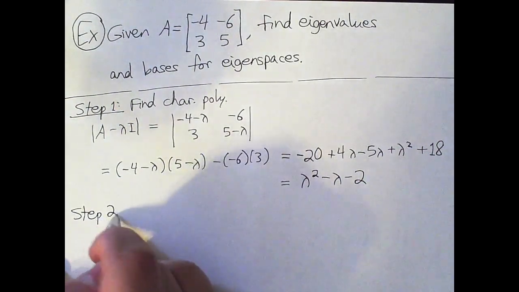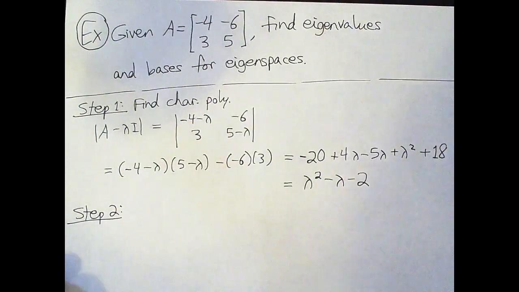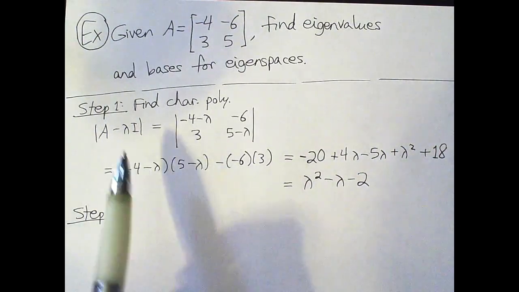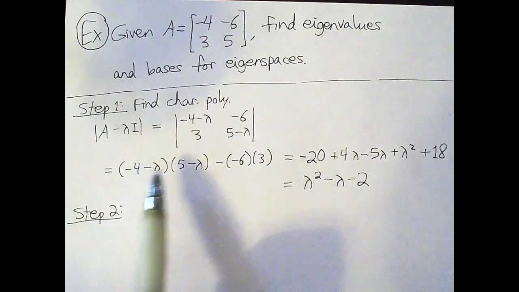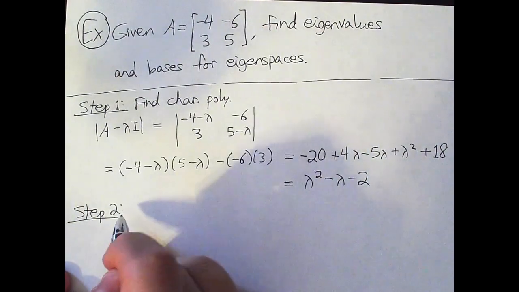Step 2. Oh, by the way, you have to be extra careful in step 1, because if you find the wrong characteristic polynomial, it might throw off everything else about the problem. So when you find the characteristic polynomial, double check your math, make sure everything looks good. The rest of it depends on this.